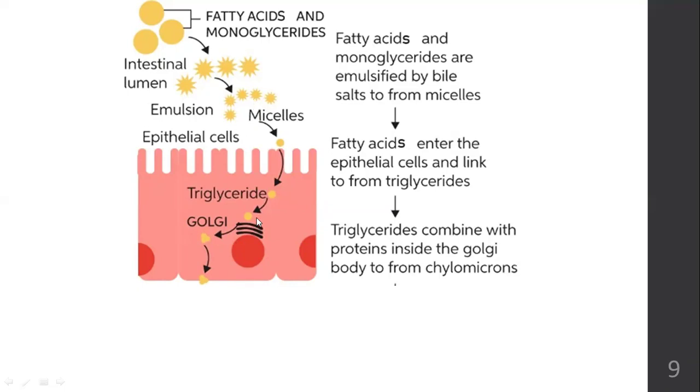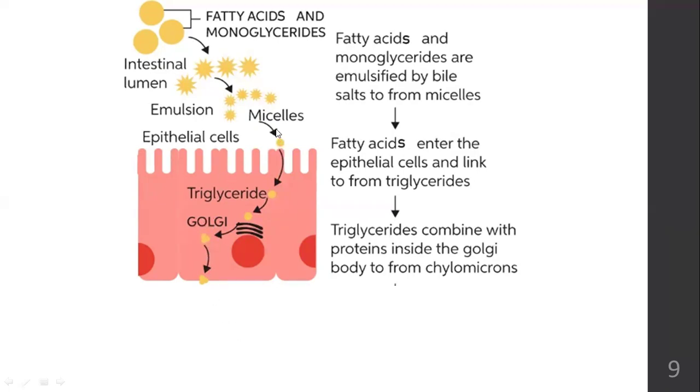So the Golgi apparatus will produce certain proteins. Triglycerides pick up those proteins and form chylomicrons. Chylomicrons usually stay in the intestine for a while because they have another duty, that is to pick up fat-soluble vitamins and get out of the intestine.